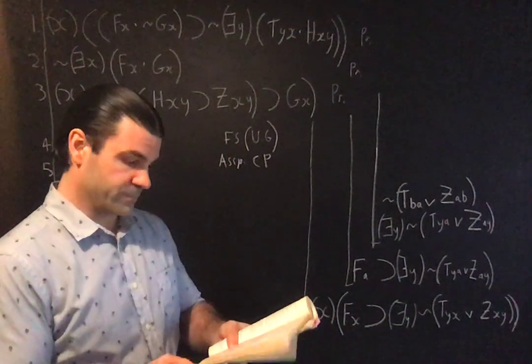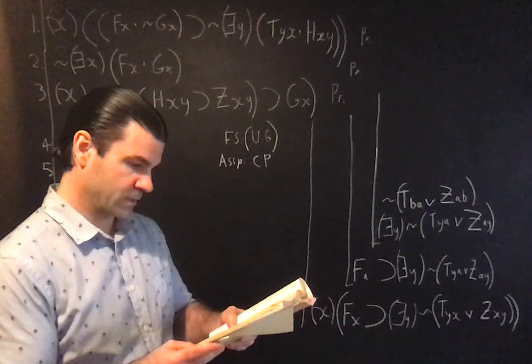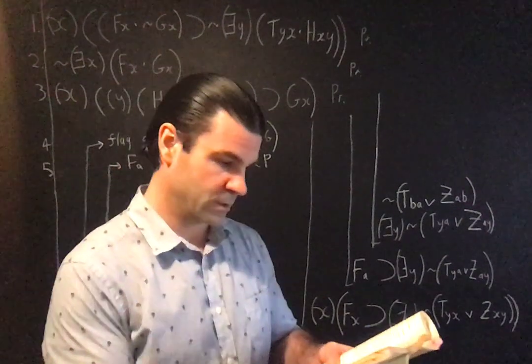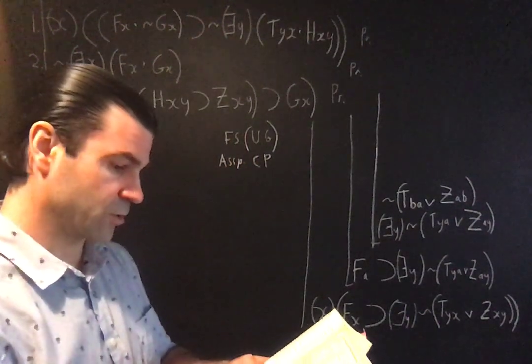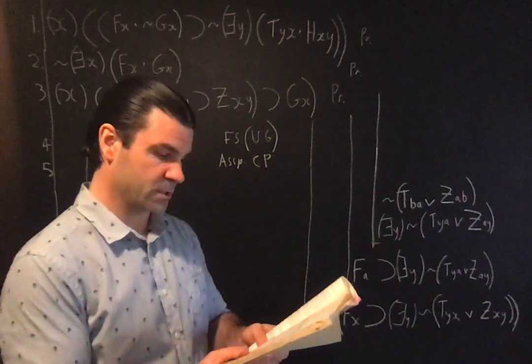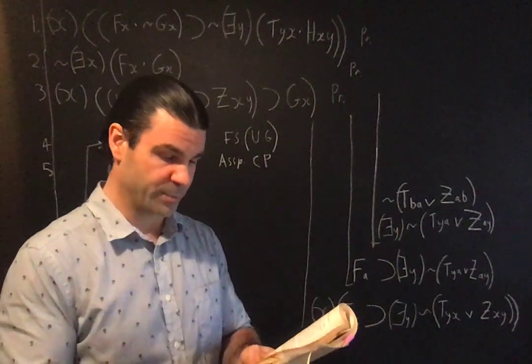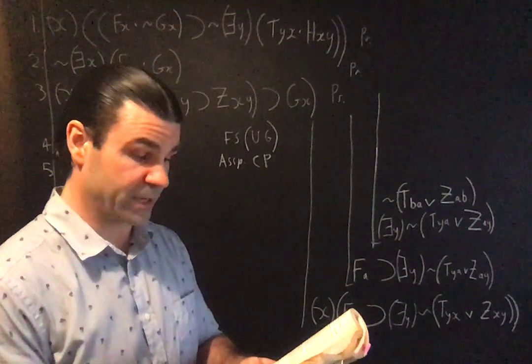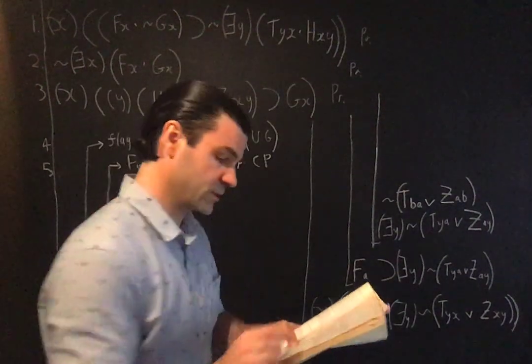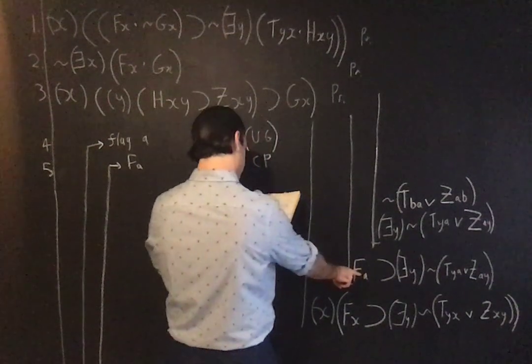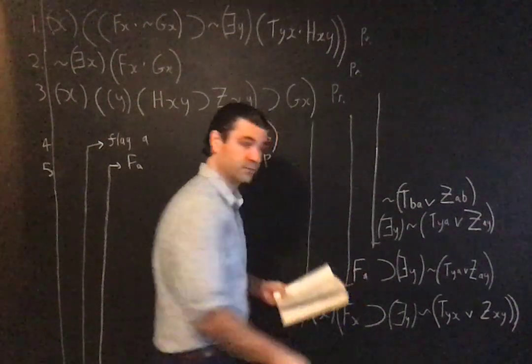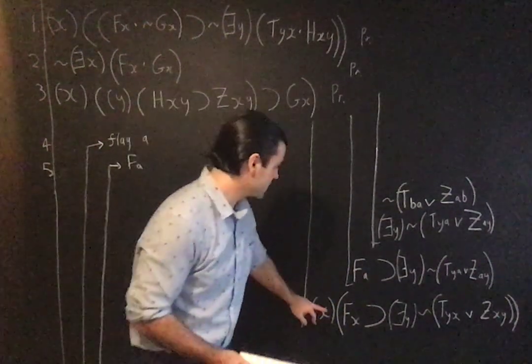Here the conclusion is a universal statement, so we will set up an A flag subproof and then try to derive the instance, this, right? So that's the first step, right?